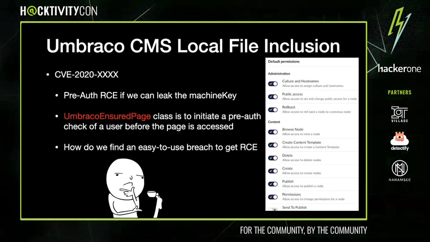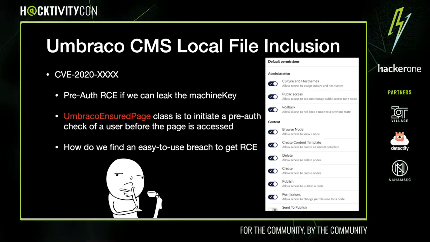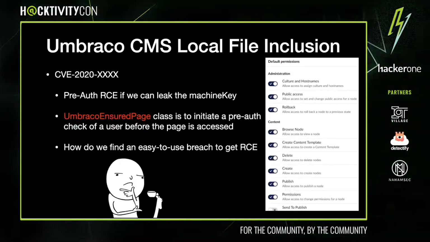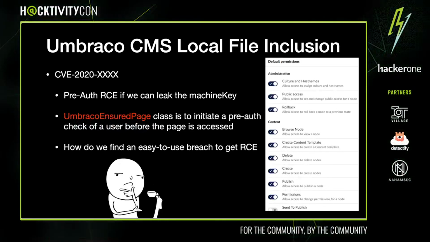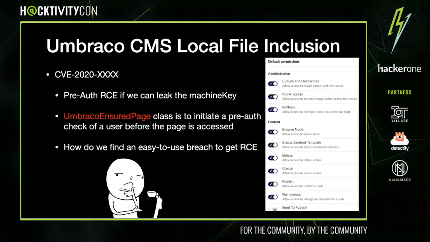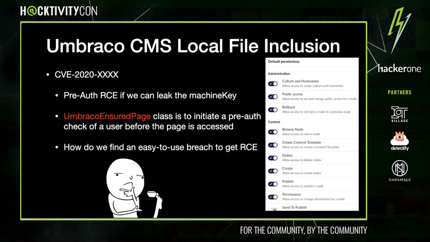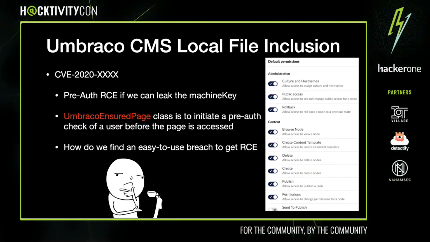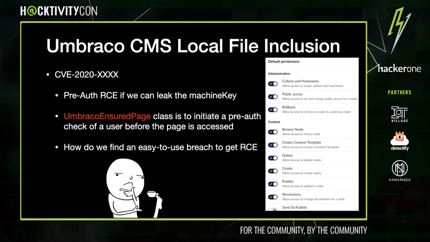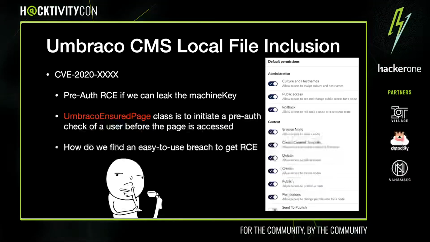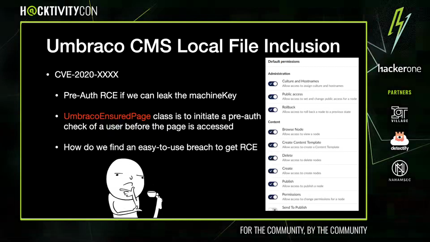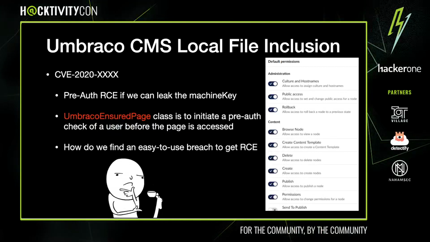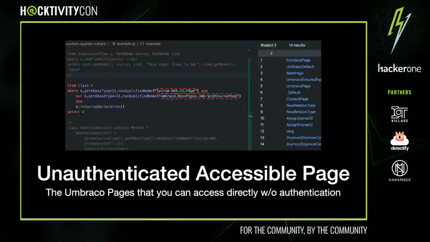So let me take the Umbraco case as an example one more time. I said that I found a local file inclusion issue that affects ClientDependency from version 1.8.2.1 to 1.9.8. Nevertheless, in order to achieve remote code execution, we need to find an entry point that doesn't require us to be authenticated.